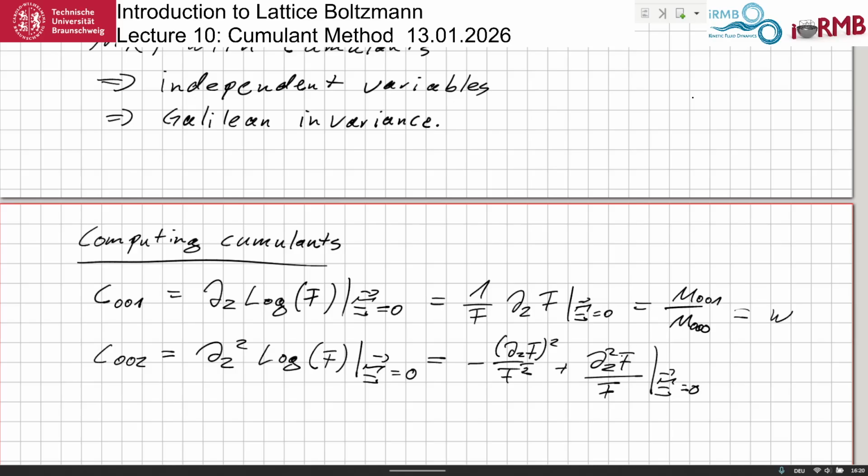Now, I miswrote here. This here we identify as the second moment. This here is the first moment squared. Here is the zeroth moment squared, and here is the zeroth moment. So what comes out of this is minus w squared plus M002 divided by M000.